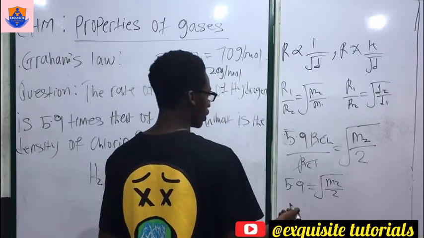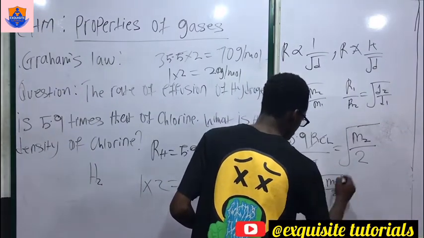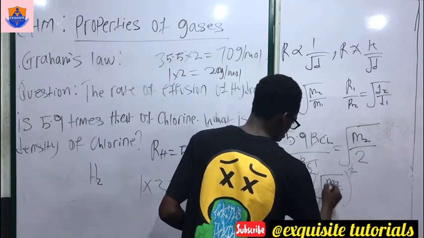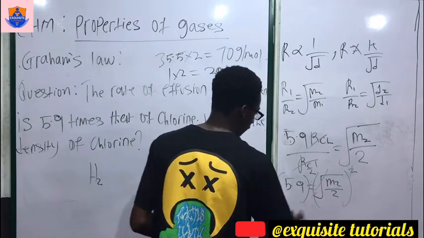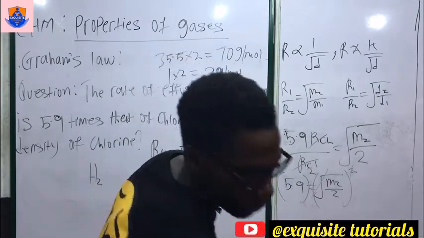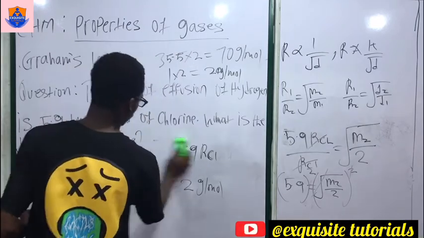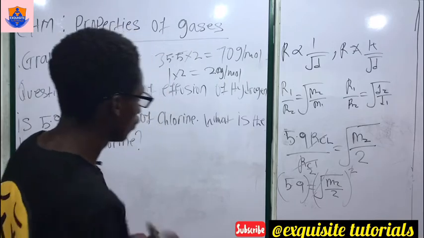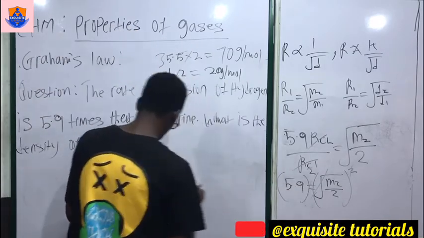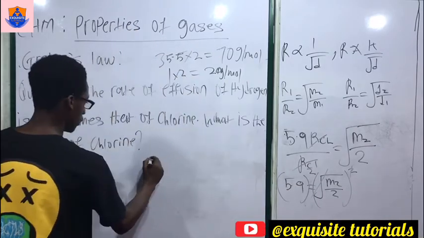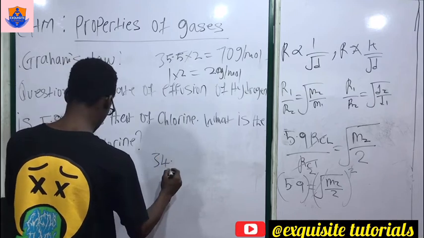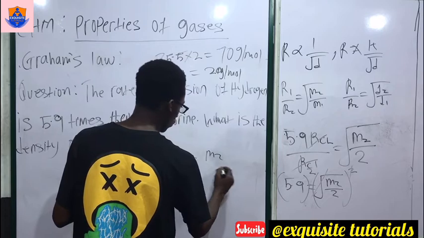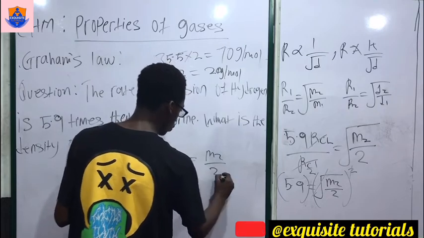So now what do we do next? We have to square both sides. So this square will cancel the square root. Then we'll square 5.9. So squaring 5.9 here, we should have 34.81, which will be equal to M2 over 2.